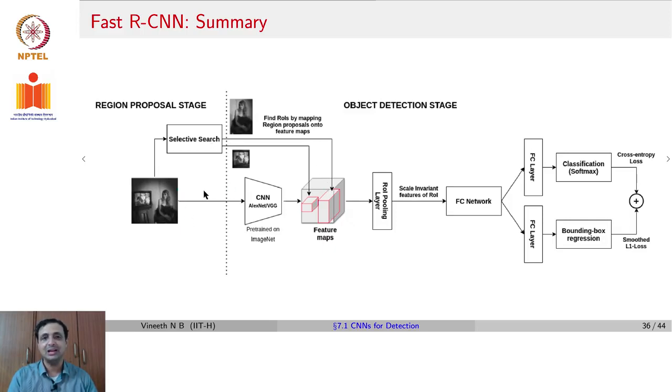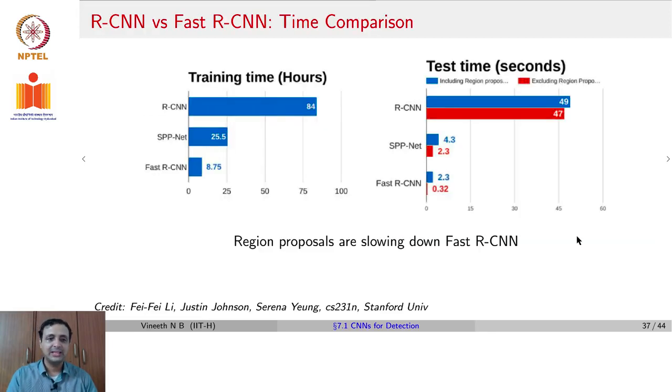This avoided, as we said, multiple forward propagations through the convolutional layer. Then you perform ROI pooling to get all those region proposals to the same size. You then send this through a fully connected network which has a softmax head or a classification head and a bounding box regression head.